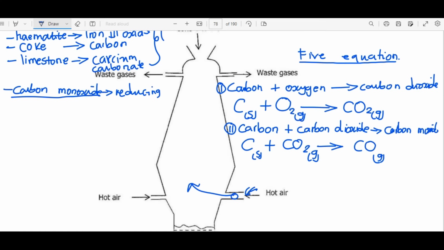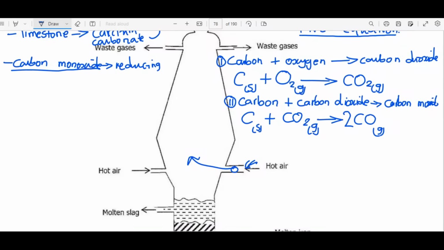Now let's have it balanced. We can see that there are 2 atoms of carbon on the reactant side and 2 atoms of oxygen. So we just have to put a 2 here. We can now summarize by saying that the importance of stage 2 is to produce the carbon monoxide, which is a reducing agent. Now, after we are done with stage 2, let's go to stage 3.